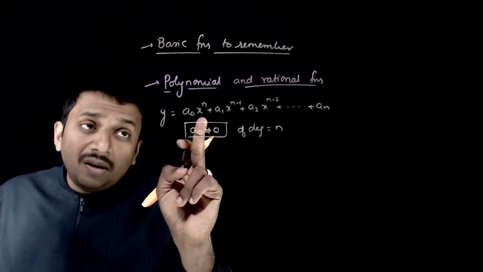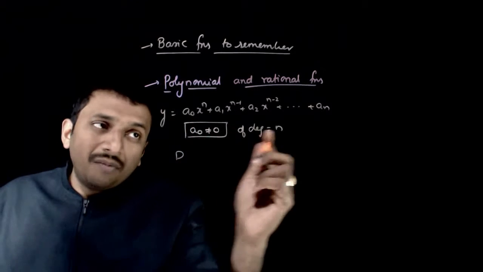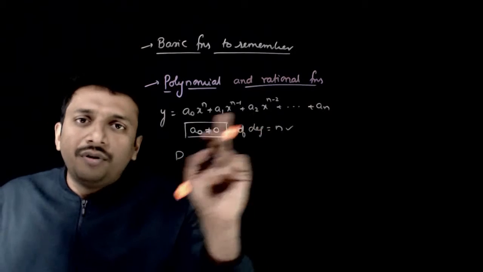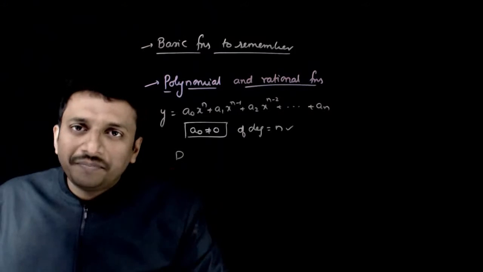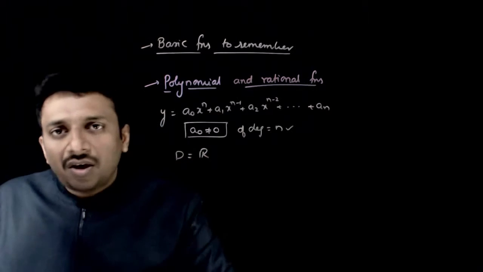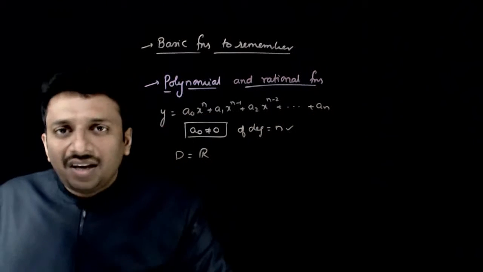The graph of this polynomial function obviously depends on the value of n and the value of coefficients also. You cannot directly draw the graph and give a general form. But the domain of a polynomial curve is all real numbers, because all these terms can be calculated for any real number.